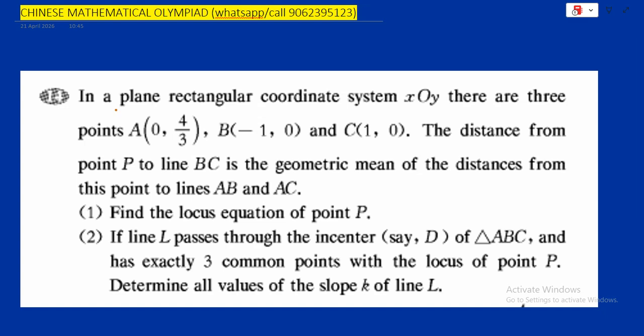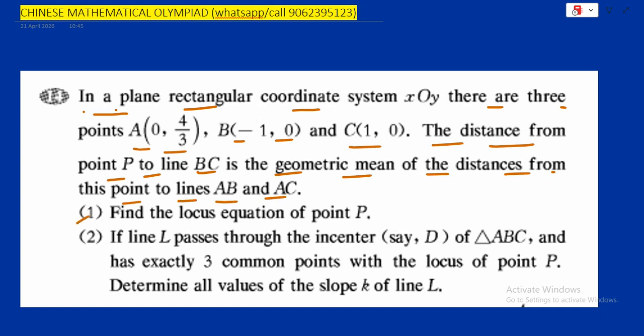The question says: in a plane rectangular coordinate system, there are 3 points. This is A, this is B, and this is C. The distance from the point P to line BC is the geometric mean of the distances from this point to lines AB and AC.